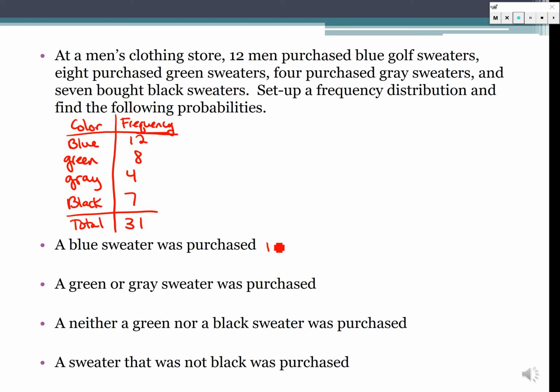All right, so probability, blue sweater. Now make sure you're careful though, we've got blue and black, so when you're doing your notation, make sure you're somehow distinguishing. Blue and black are both BL, so you might need to actually put the word. So probability we get a blue sweater was 12 out of 31.